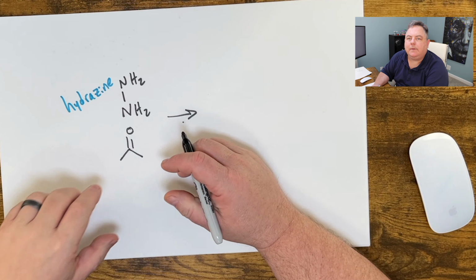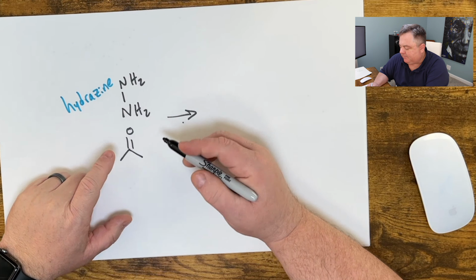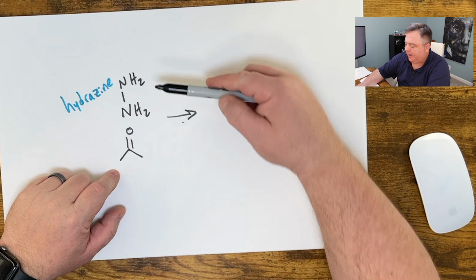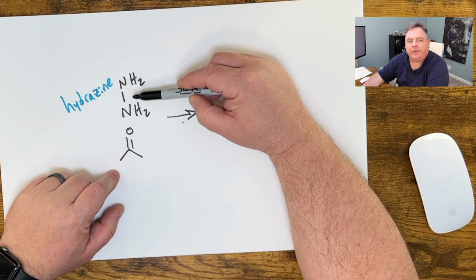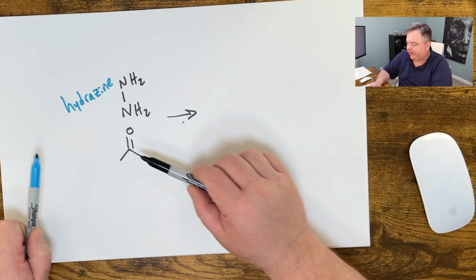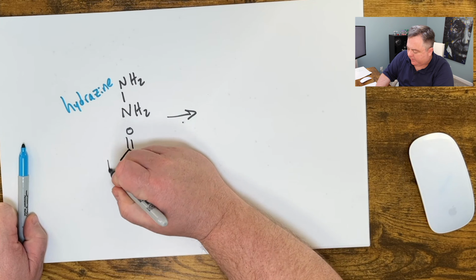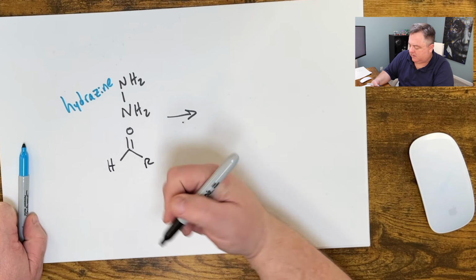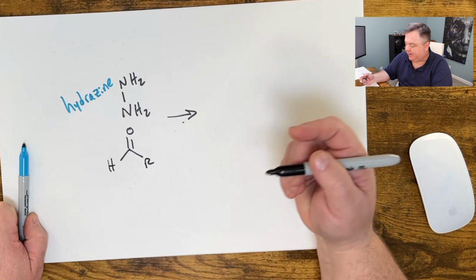There's one more of these I want to show you because it's important in the laboratory. It's the exact same reaction, so it's not too hard to do. But this molecule with two nitrogens, two NH2s, is called hydrazine. And hydrazine could react with a ketone or an aldehyde. It doesn't matter if it's a hydrogen or a carbon here.